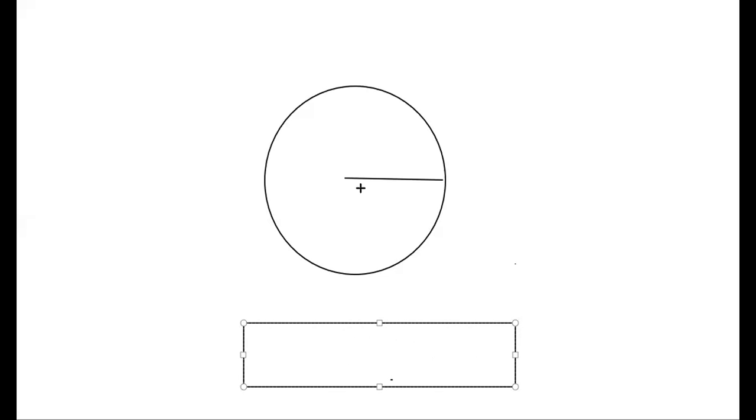Now, if you have the perimeter of the circle, now you have your radius. Perimeter, you do what? You multiply the radius by 2. That is, you add the radius twice. Is that okay?